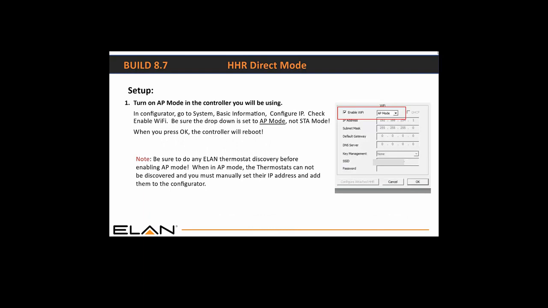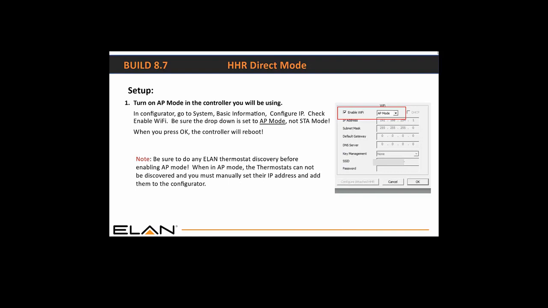Take a look at how to set this up. There is a new option if you go into the setup. Well, the first thing you have to do is actually turn on AP mode. That is new. That's where you would normally set up the static IP address. You go over to Wi-Fi, you click Enable Wi-Fi, and you drop that box down and select AP mode. That's what you want.